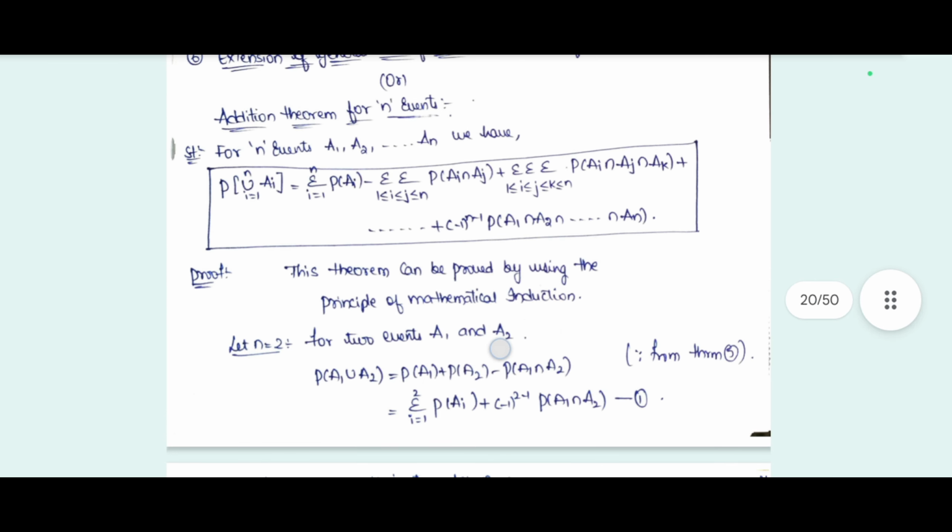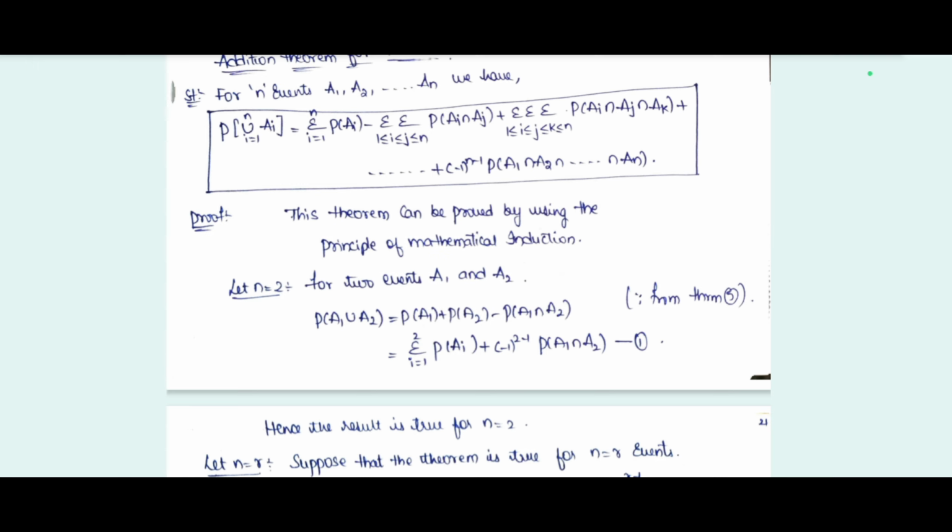For any events, the probability of the union of Ai, i runs from 1 to n, equals the summation, i runs from 1 to n, of P of Ai, minus the double summation of P of Ai intersection Aj, plus the triple summation over 1 less than or equal to i less than or equal to j less than or equal to k less than or equal to n, and so on, minus 1 whole to the power of n minus 1, P of A1 intersection A2 intersection and so on intersection An.